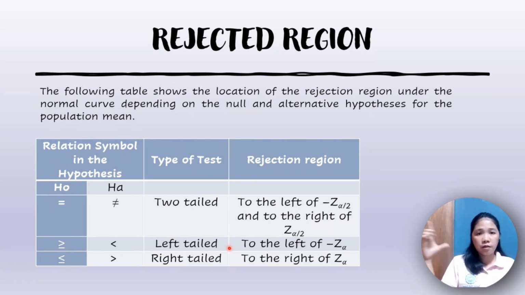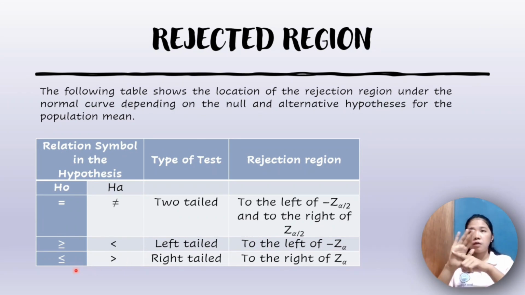Where is the location of the rejection region? It is to the left of negative z sub alpha. If the null hypothesis is less than or equal to and the alternative hypothesis is greater than, then we make use of the right-tailed test. Where is the location of the rejection region under the normal curve? It is located to the right of z sub alpha.